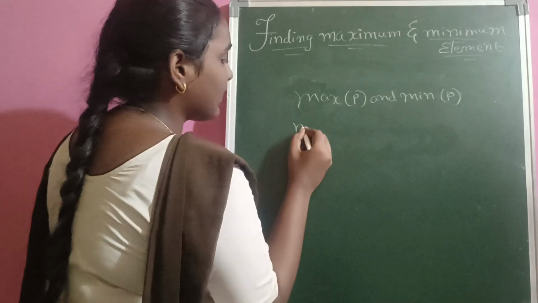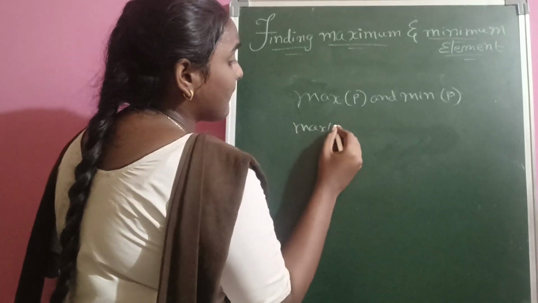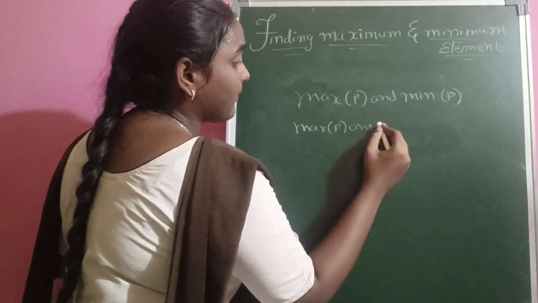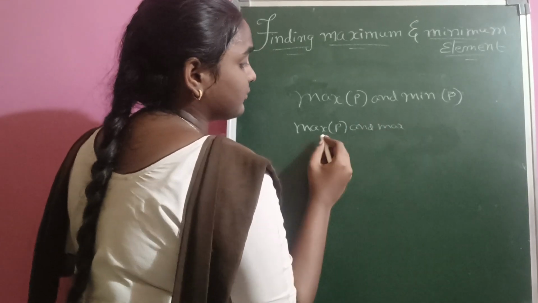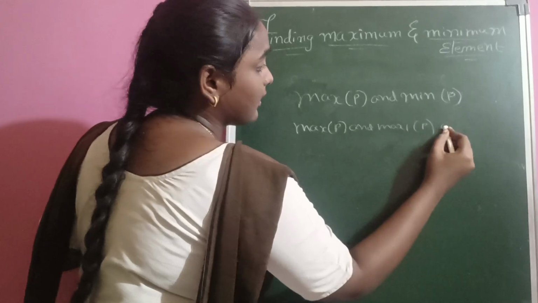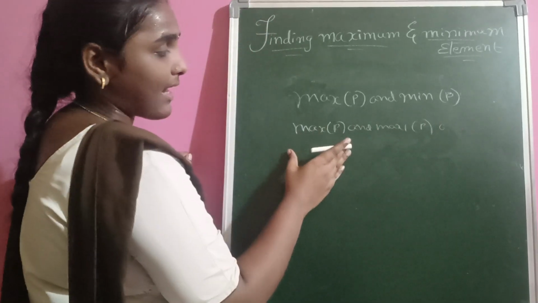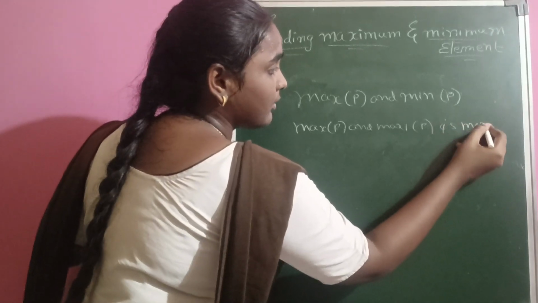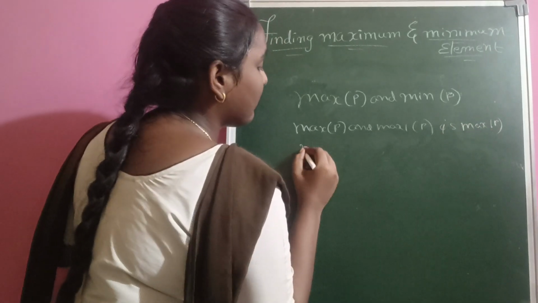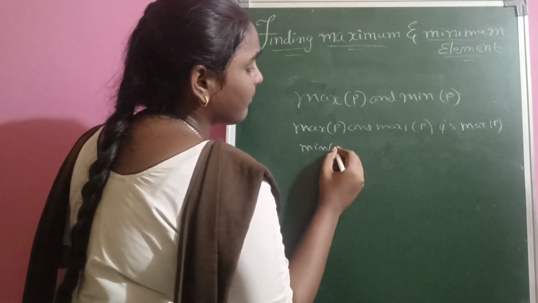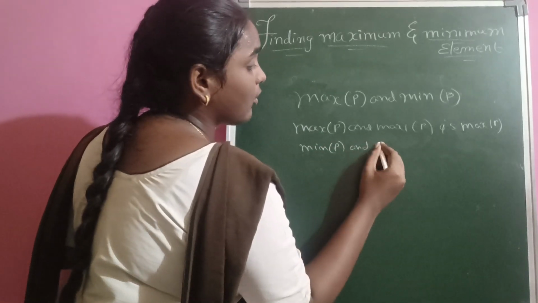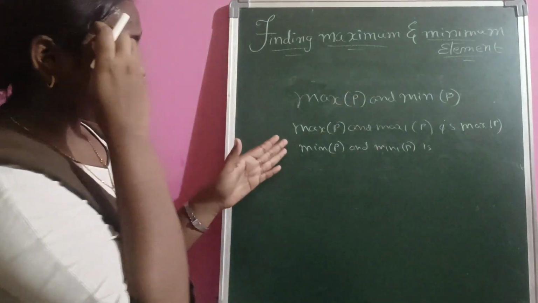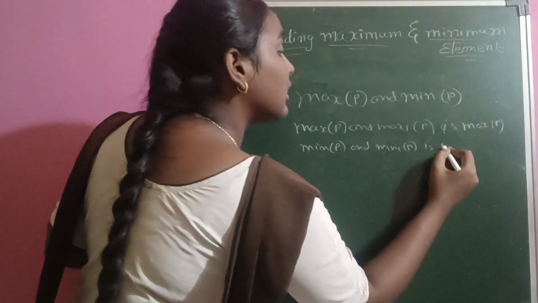So max of P is the maximum of max of P1 and max of P2, and min of P is the minimum of min of P1 and min of P2.